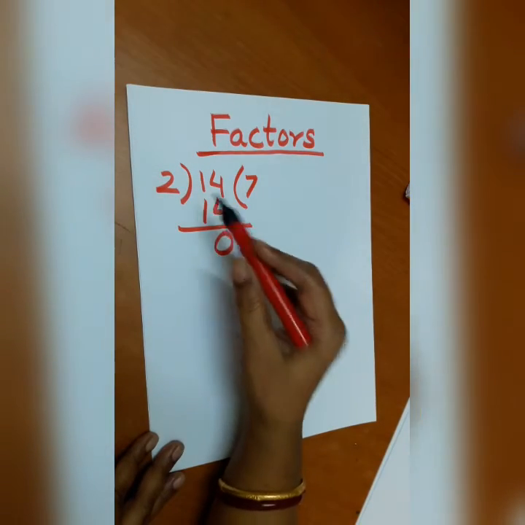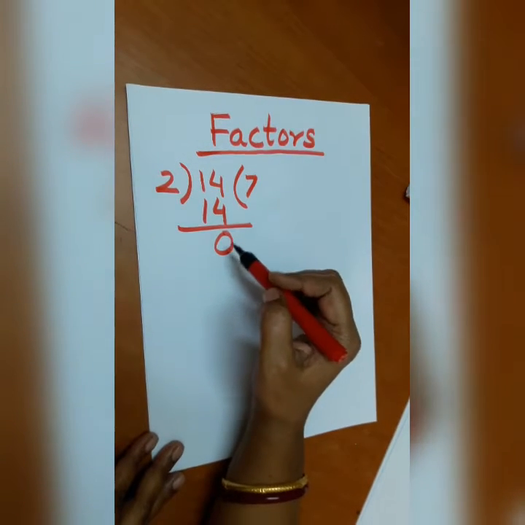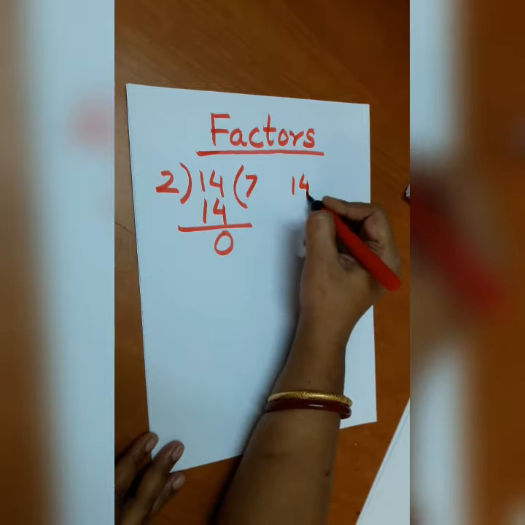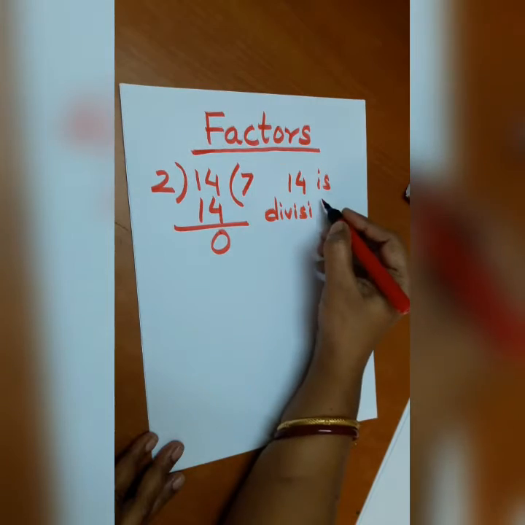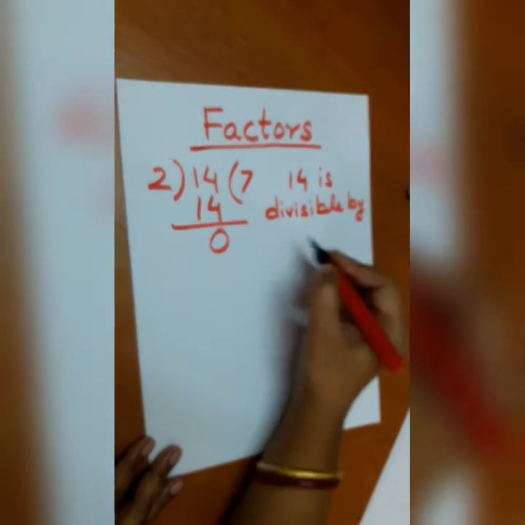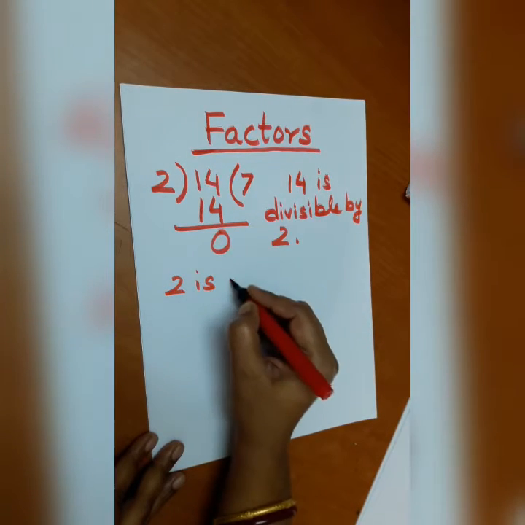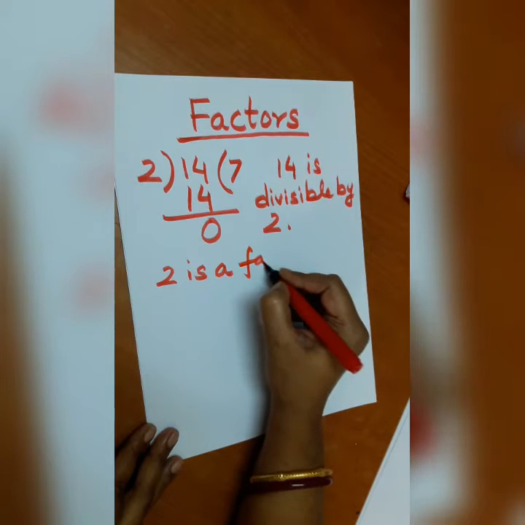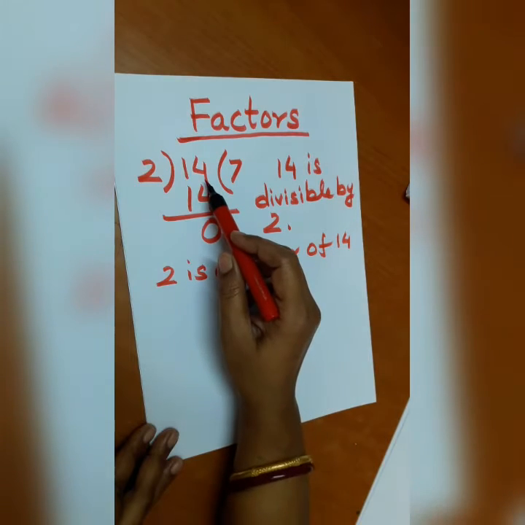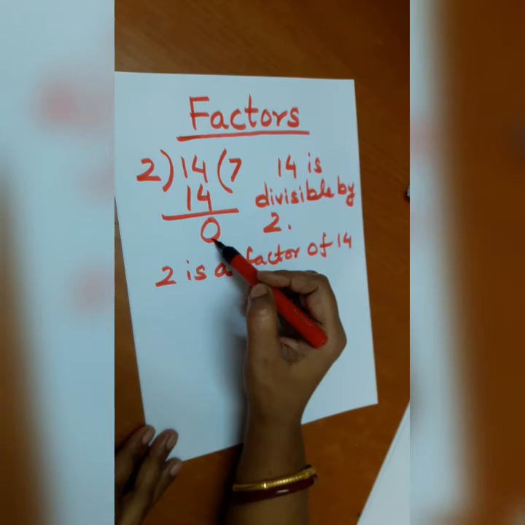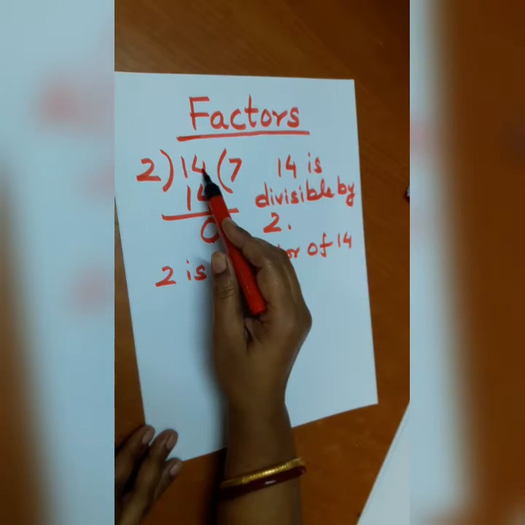So when you divide a number by a particular number and the remainder is 0, then it is said that 14 is divisible by 2, and also 2 is a factor of 14. So when we divide a number by a number and the remainder is 0, that means this number is a factor of this number.